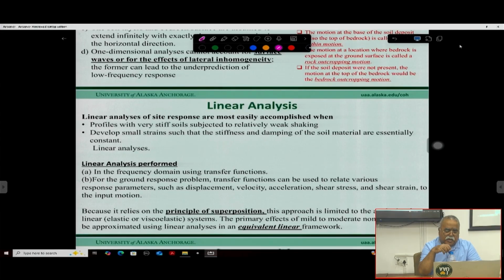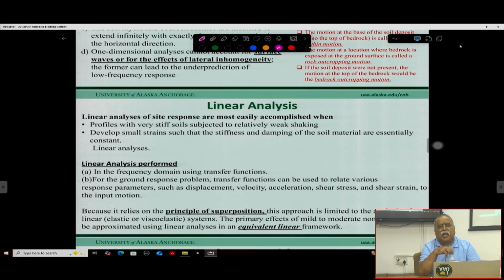Equivalent linear method means there is a certain amount of strain change in the soil that we are expecting, and that depends upon the modulus and the damping part of the soil, right?